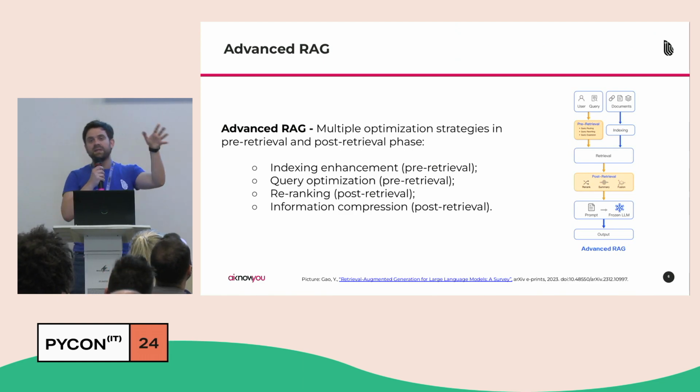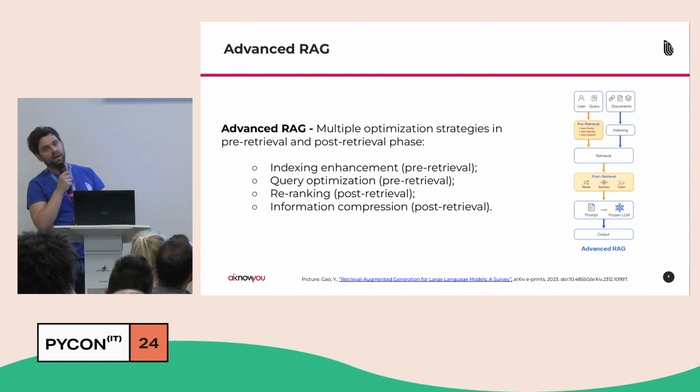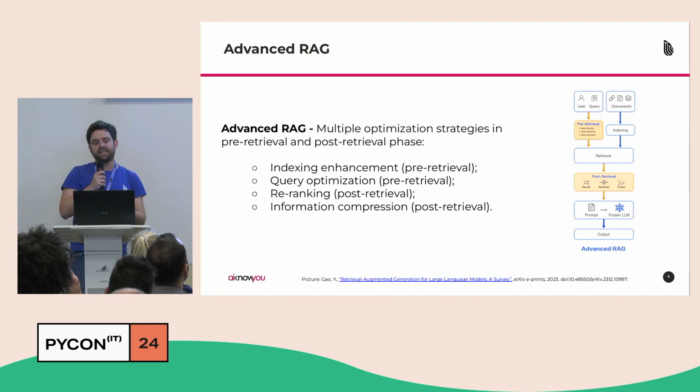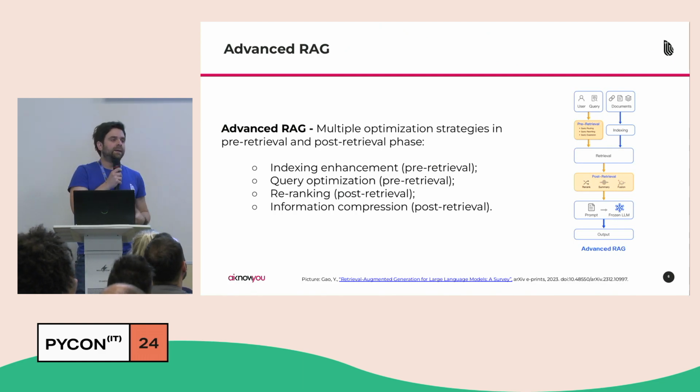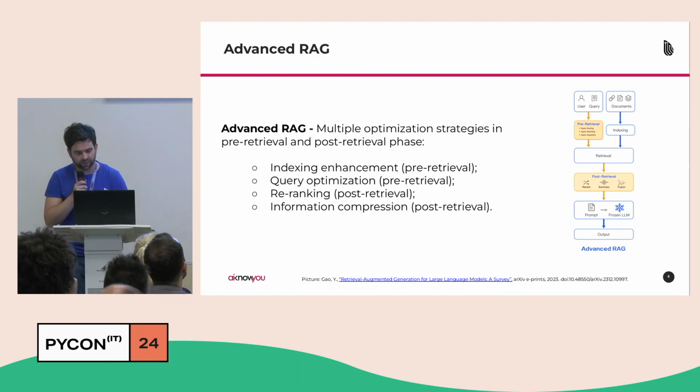So the scheme is the same as we already saw before, but we enhance basically two parts. In the pre-retrieval, so the indexing part, we add, for instance, metadata information in the indexing, so that we can improve our retrieval. Or we expand or we optimize our query to get better results in retrieval.